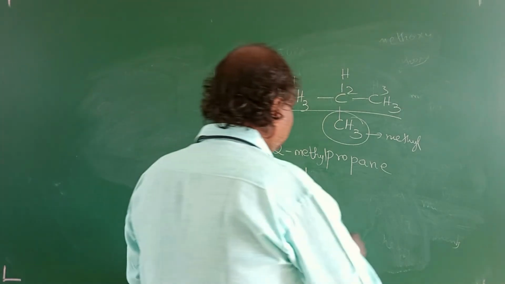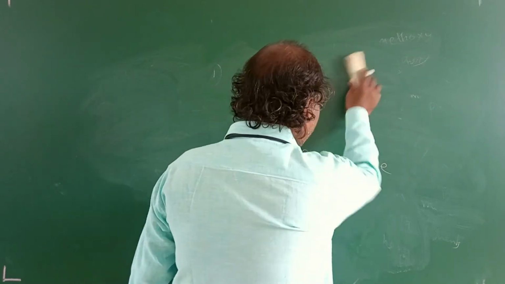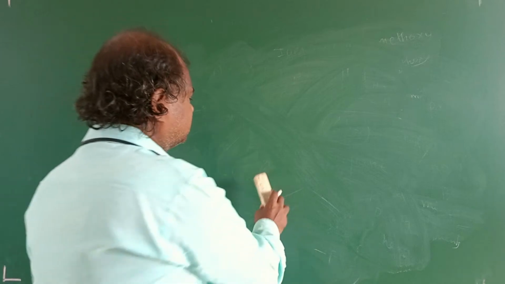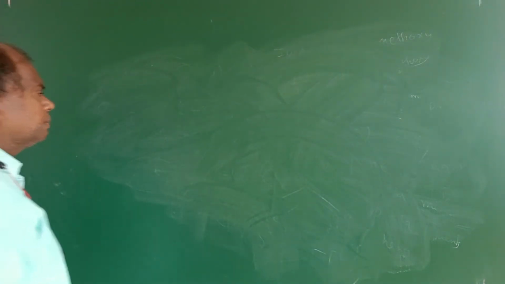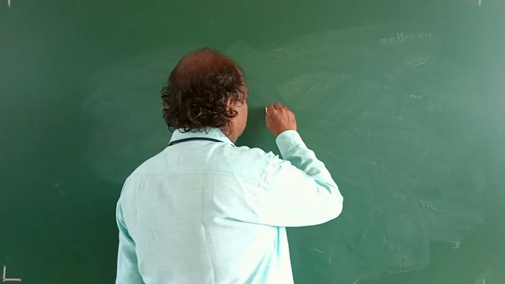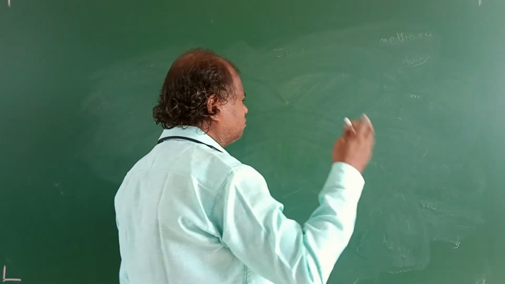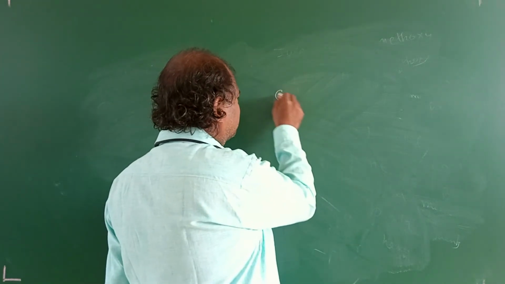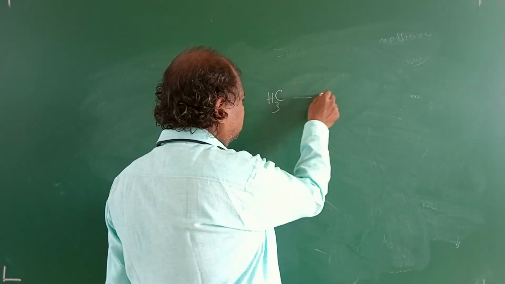Okay. Let me take some more examples now. Let's take some difficult examples. Let's take these examples. And let me use a shorter version only. Oh, okay, we'll use a longer version, no problem. CH3.